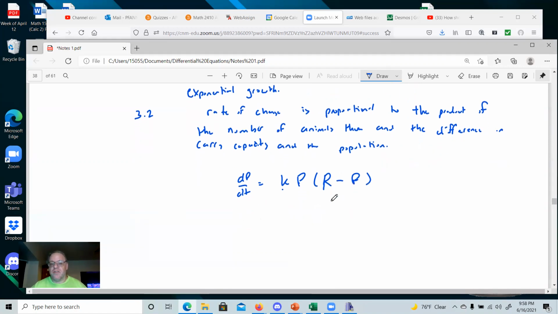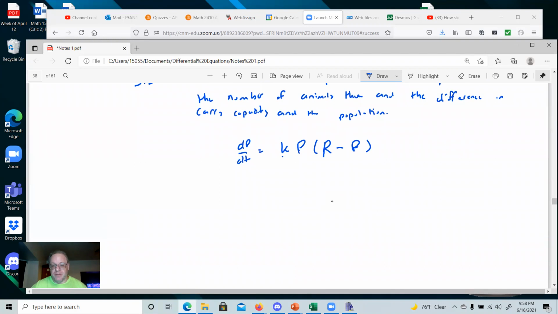Now this is a nonlinear equation, because what we have is kRP minus kP squared, nonlinear. So we could do this with a Bernoulli equation now.